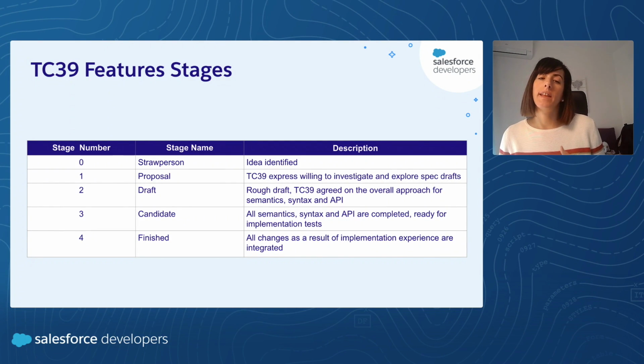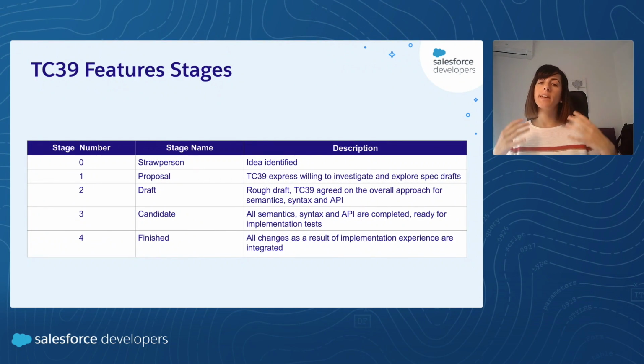Then the next stage is draft, which is when the committee obtains a rough draft in which the overall approach and APIs, etc., is defined, but there are some things to define and to complete at that point. Then the feature goes into candidate stage, which is when we have something much more definitive.